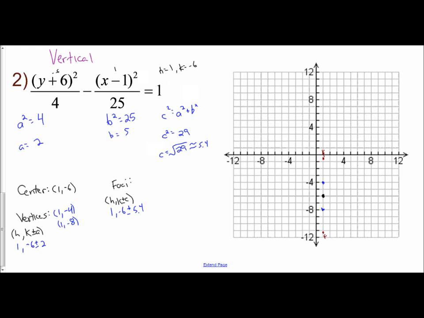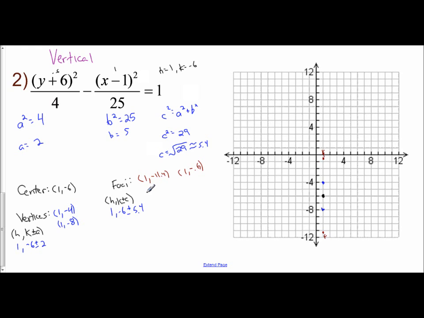So what if I were to look at the decimal approximation for it? Well, if you're adding and subtracting 5.4 from -6, for the minus you're going to get 1 comma -11.4. For adding 5.4 to it would be the coordinate 1 comma -0.6. That's if you want to use the decimal approximation.